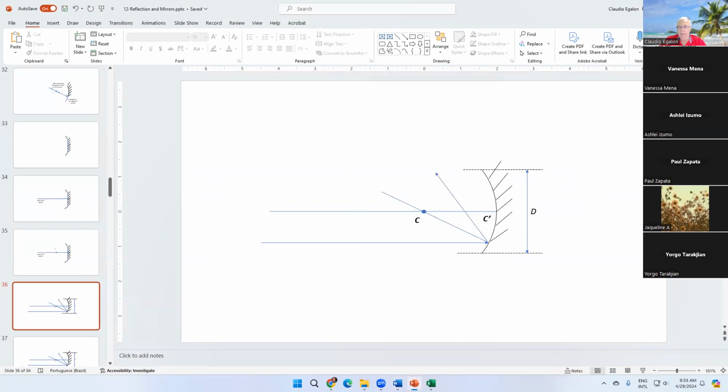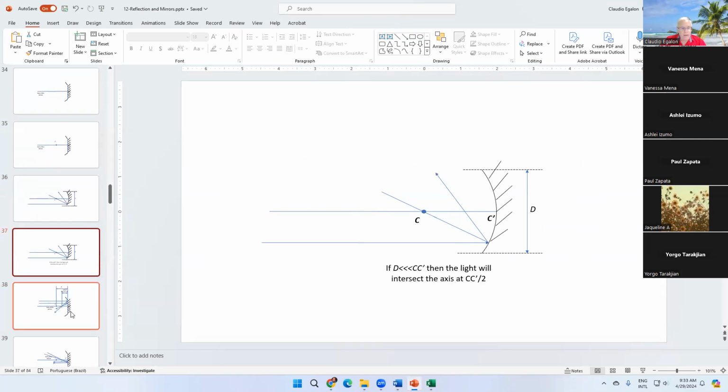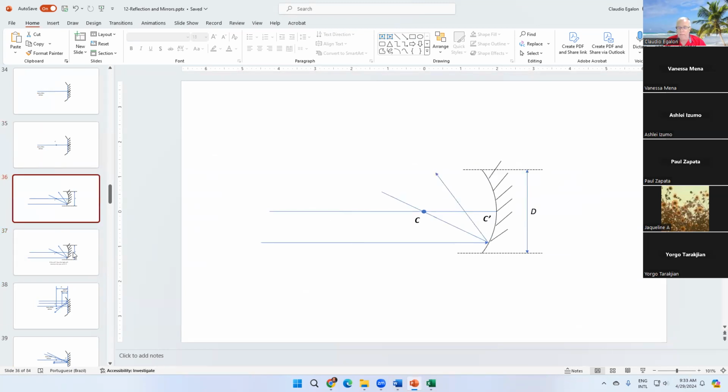Okay, so here you go. That's C prime. I'm calling this one C prime.